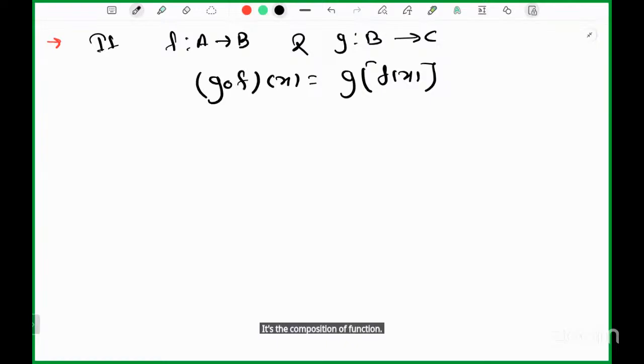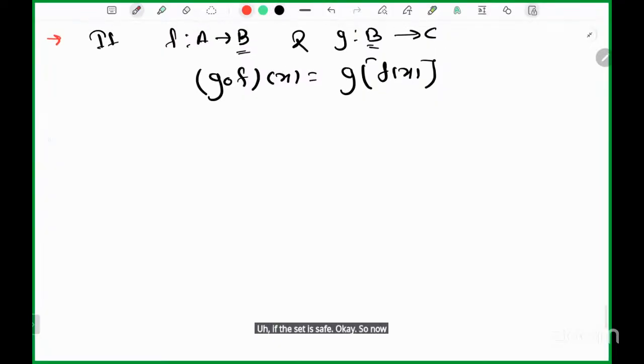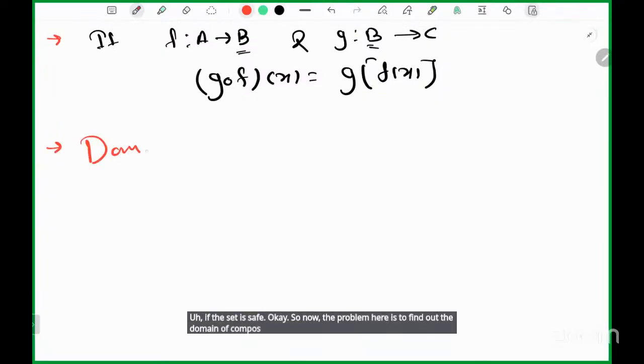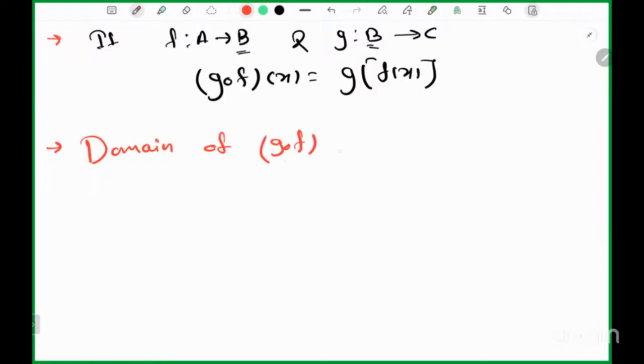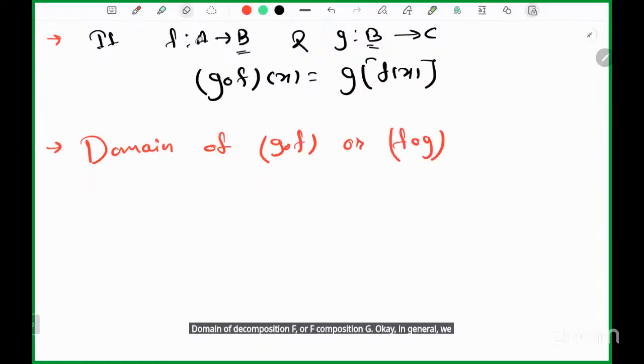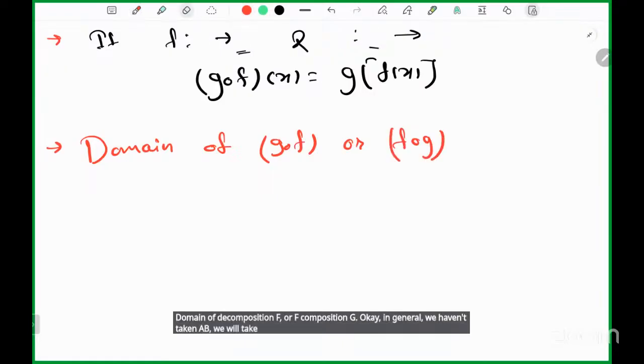Similarly, you can talk about f composition g if the sets are the same. Okay. So now the problem here is to find the domain of the composition function, the domain of g composition f or f composition g. In general, we haven't taken A, B. We will take only the real number set mostly. Okay.